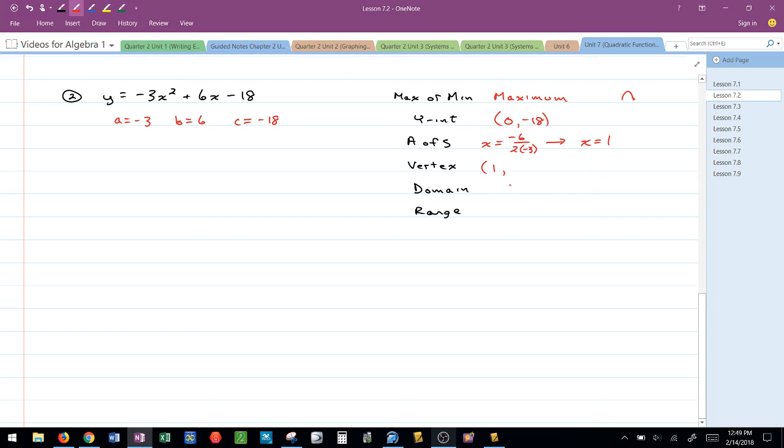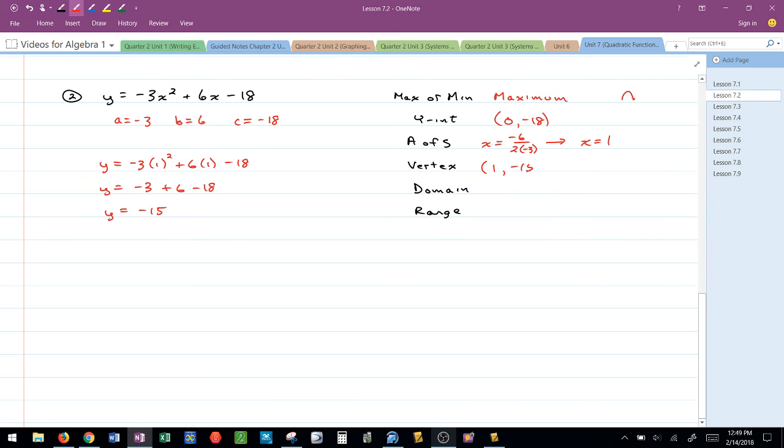But now I have to go find y. I go to y, and I substitute in 1 wherever I have an x. I follow the order of operations, so I have 1 squared is 1, times negative 3 is negative 3, 6 times 1 is plus 6, minus 18, or y is equal to negative 15.